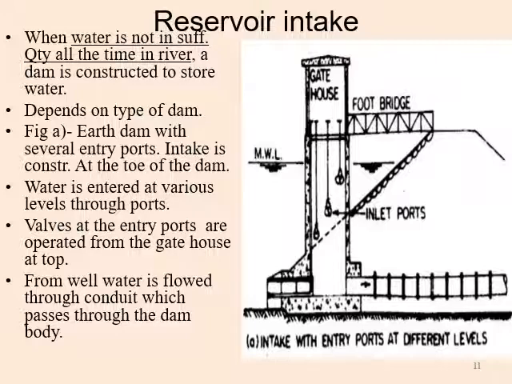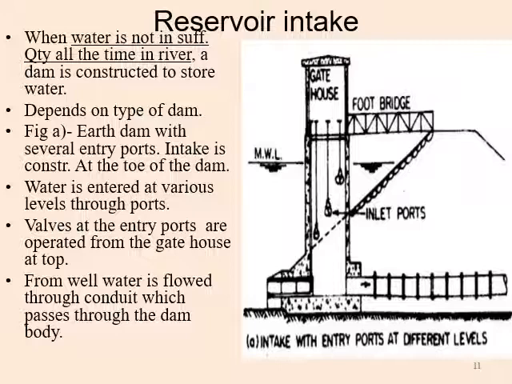Here the intake is constructed with entry points which are provided at different levels. There is one inlet port down here, and one up here, for withdrawing different quantities of water which will fulfill our demand.